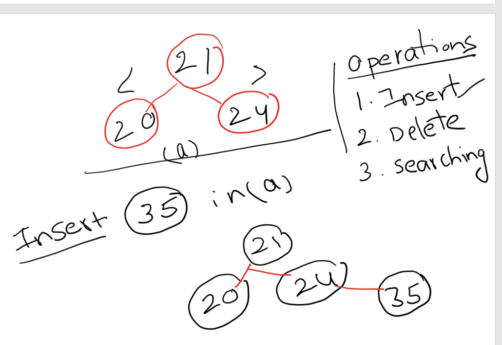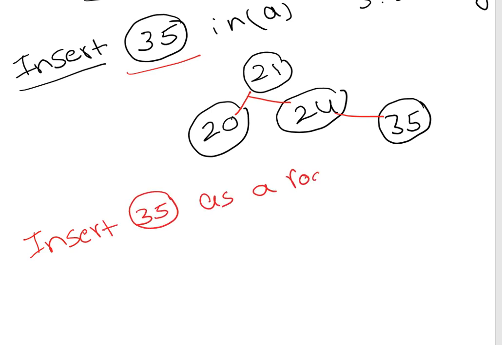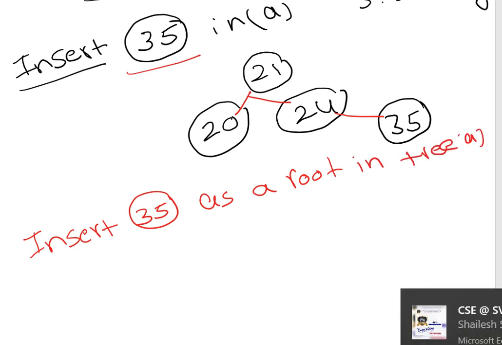There is no restriction that you need to insert in this place. For example, now I want to insert the node 35. The second one is to insert 35 as a root in tree A. Now this is my question.